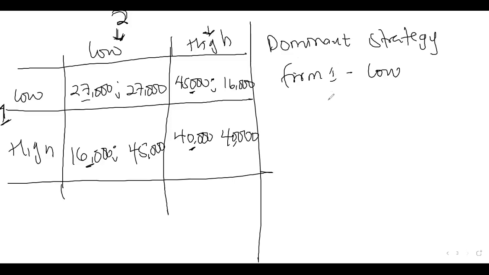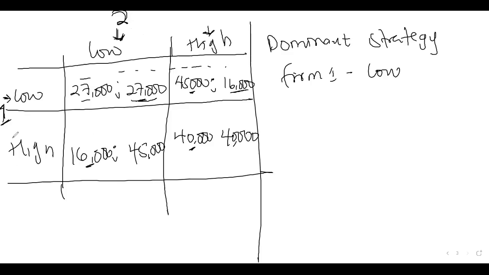Okay, now let's look at the other way around. If we hold firm one at low, okay, that means we are choosing on this particular row. The best response for firm two is to play low because 27,000 is better than 16,000.